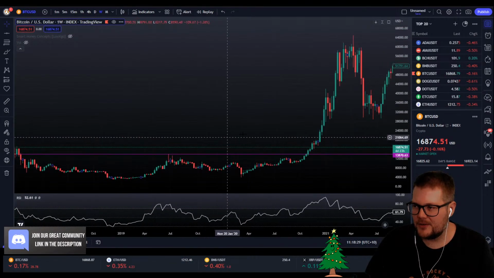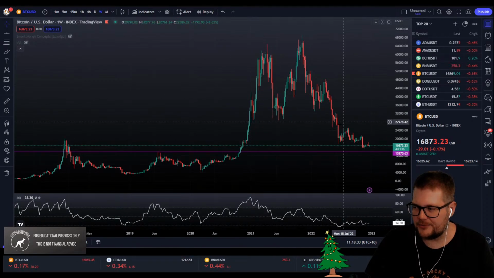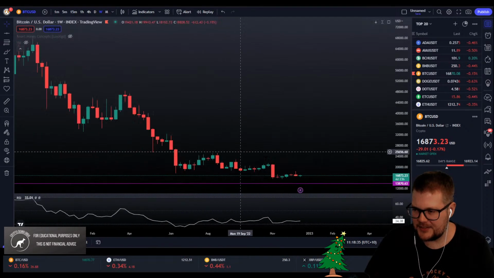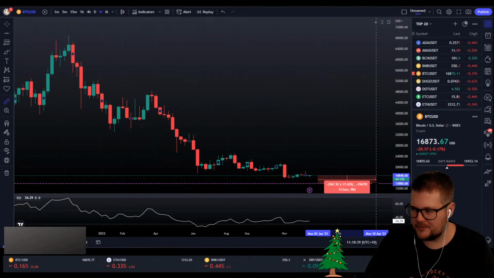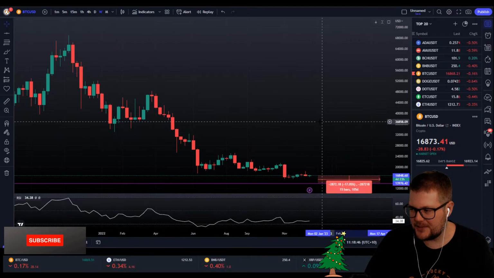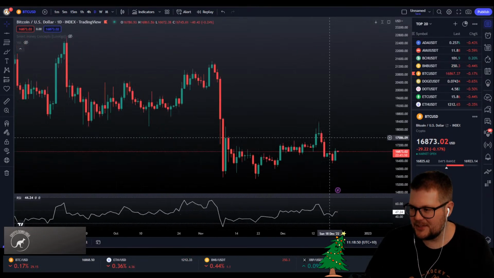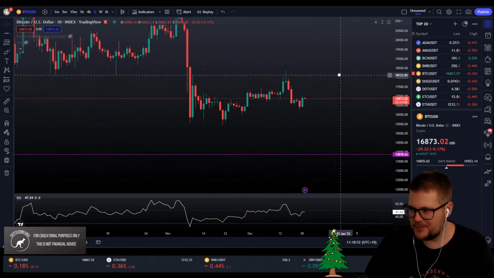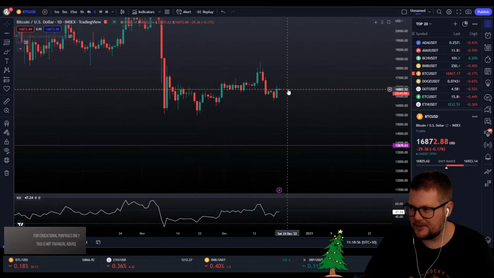Now, we zoom out again here. We're not far off it. A drop down to test that high from here would be a 17% drop from here. So, from here, that's still reasonable. If you got a 17% drop, that's an amazing short position to take.